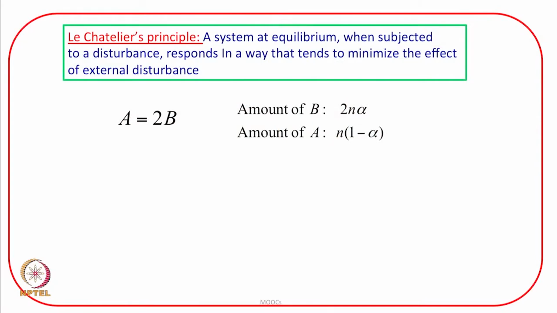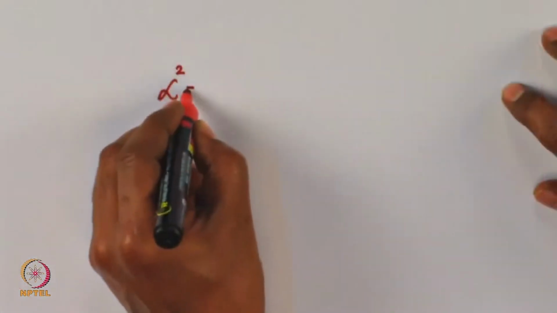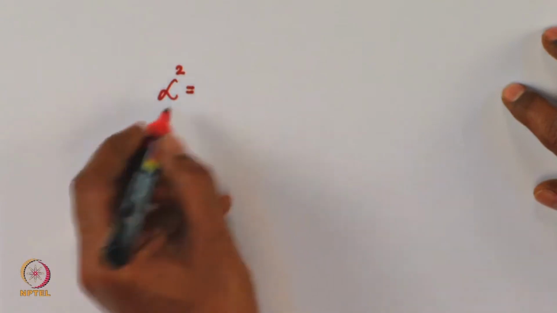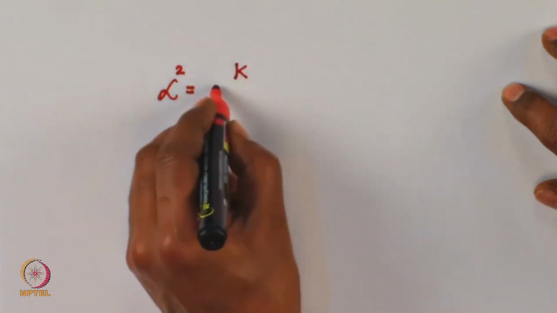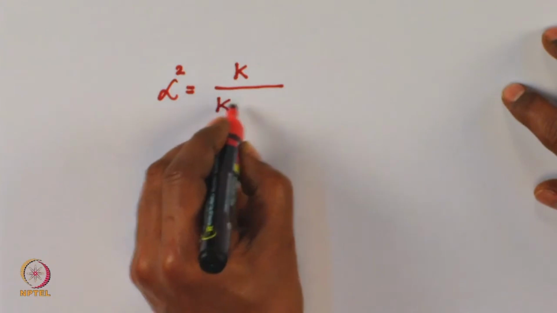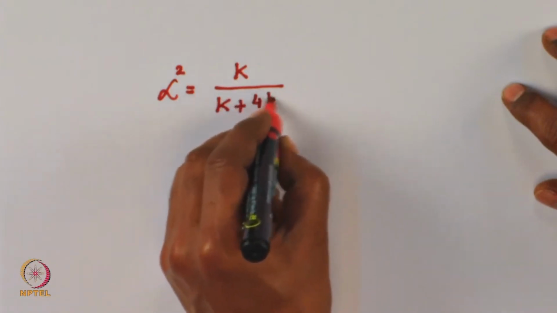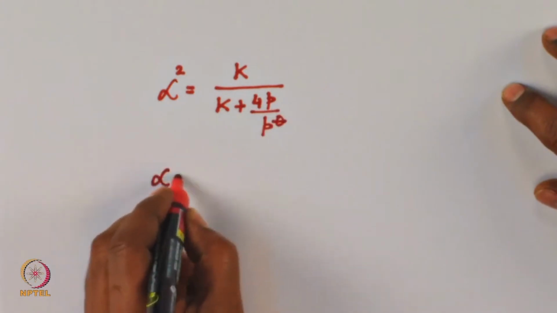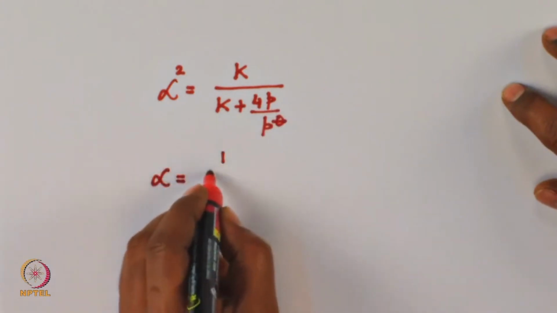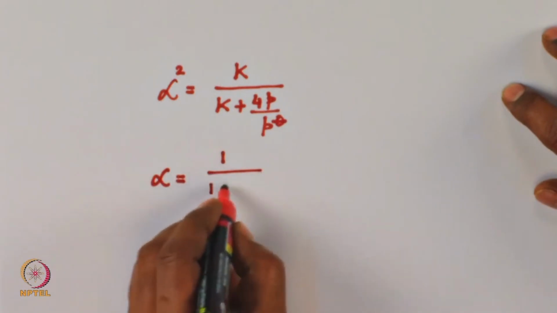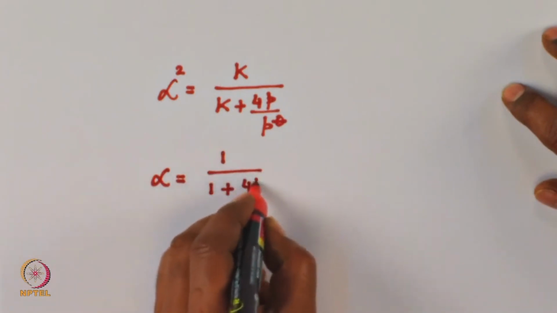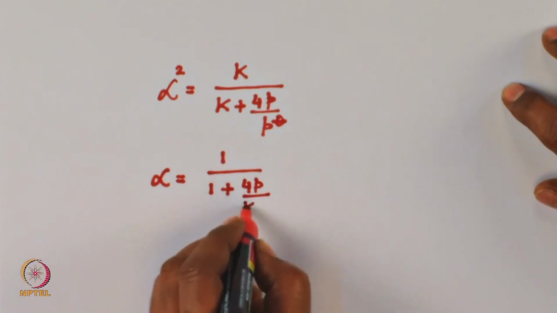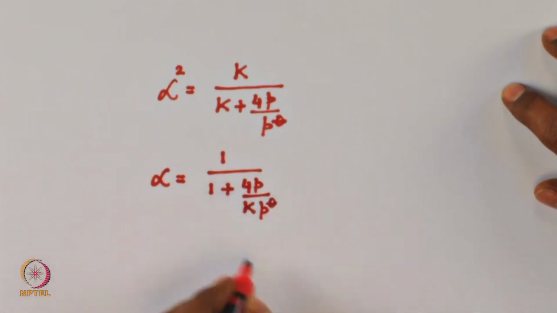So, let me rewrite now. What I have is alpha square is equal to K over K plus 4 P by P naught, and if I rearrange, alpha is equal to 1 over the square root of 1 plus 4 P over K into P naught.